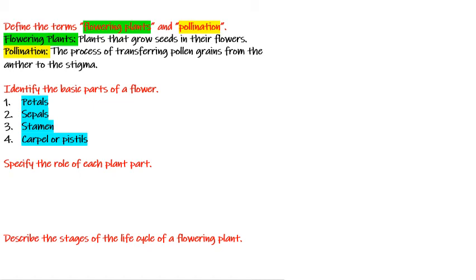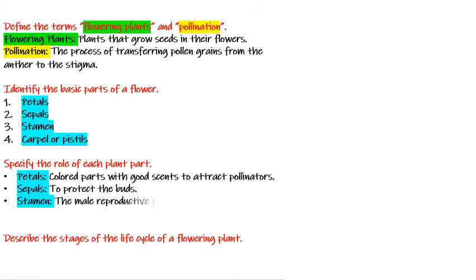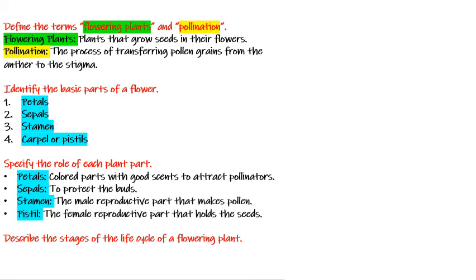Yes, they protect the flower when it's young, when it's a bud. The stamen is the male part. It's the boy that makes pollen. The pistil or the carpel is the female part that has the ovules in it. And when the ovules meet the pollen grain, we will have a baby plant called the seed.